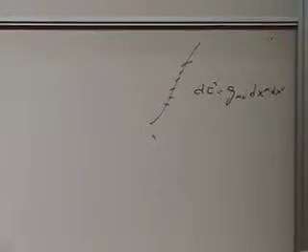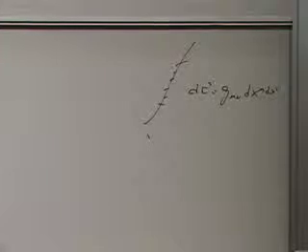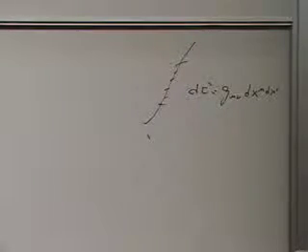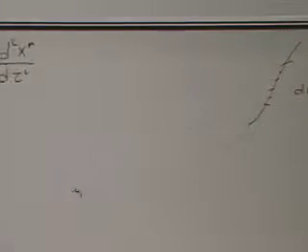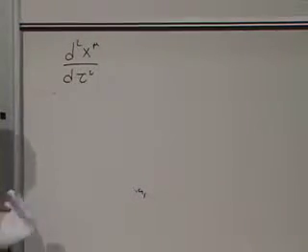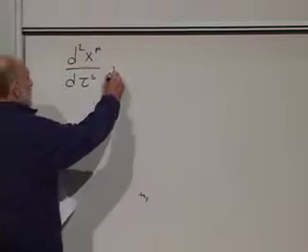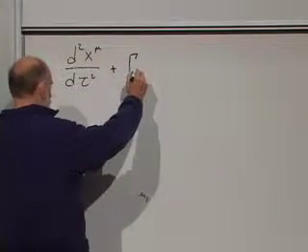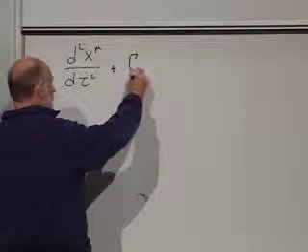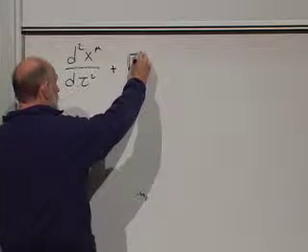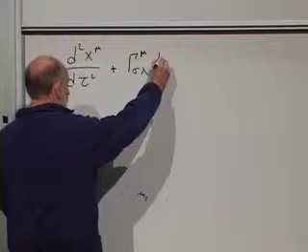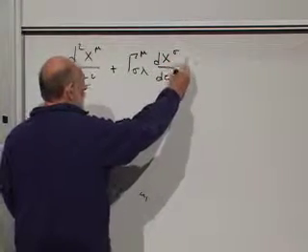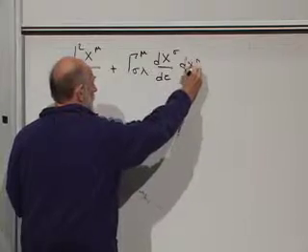Take its square root, and it becomes d tau. That's along a trajectory, and the second derivative of x mu with respect to tau squared plus gamma, let's see, what do I have here? Gamma mu sigma lambda dx sigma by d tau dx lambda by d tau.